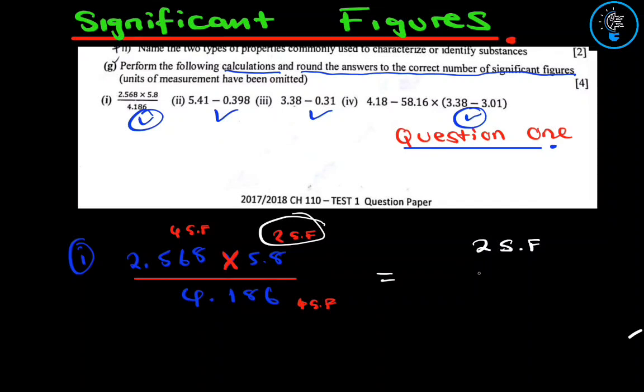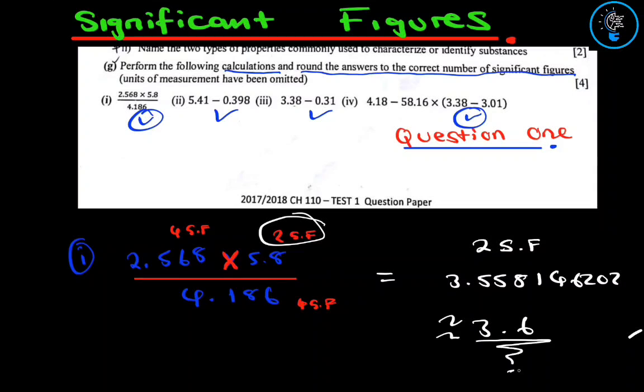Your answer will be 3.558146202. Now you need to round it off to 2 significant figures, so it will be 3.6 as your answer. So that's how easy it is to evaluate this one.